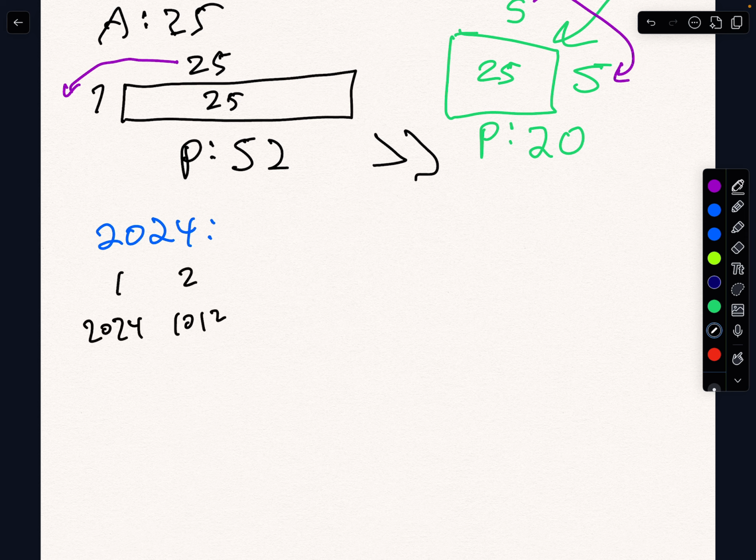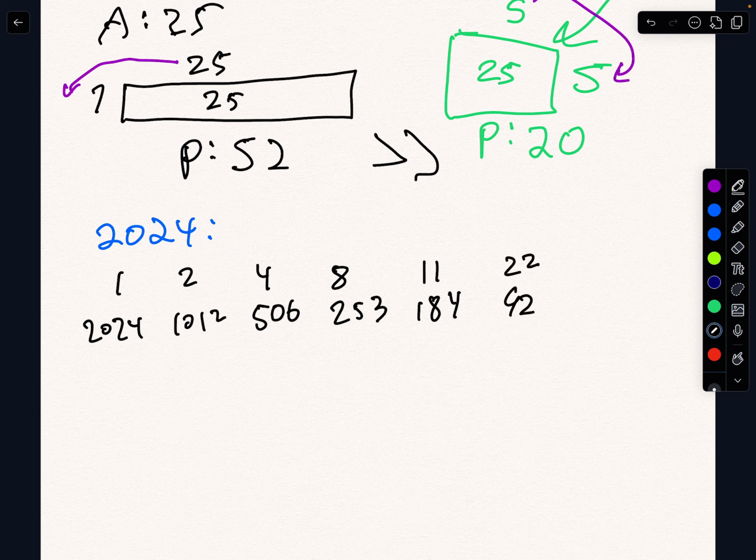One way to do it is just listing out all of the factors of 2024 and seeing which ones are closest together. So I'm going to jot them all down in pairs.